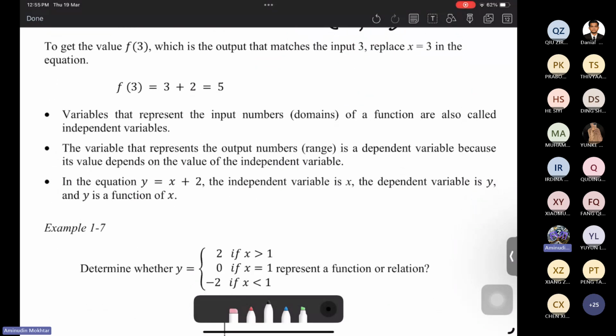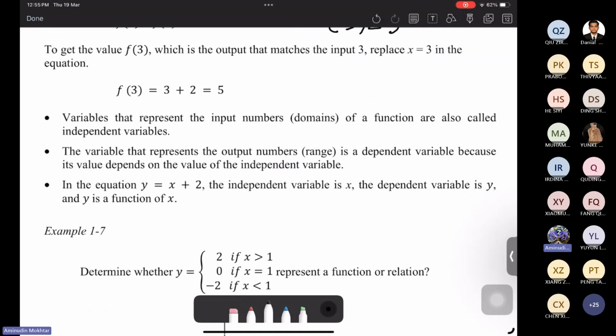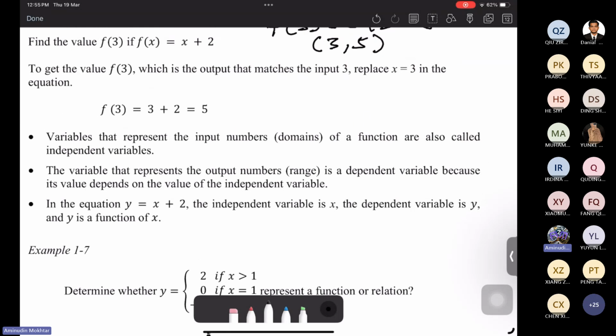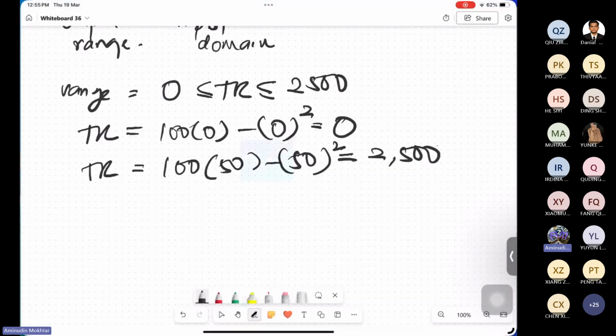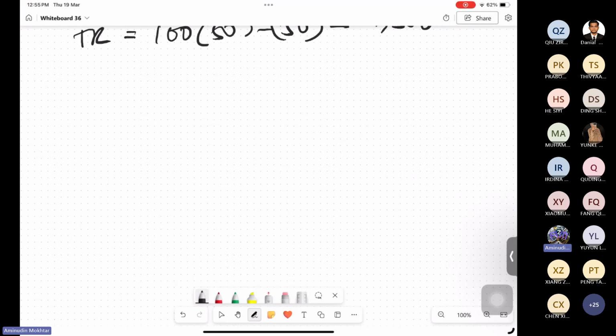Okay, the next we have here is dependent and independent variable. Again, what is dependent and independent variable? I refer back to our example 1.1.